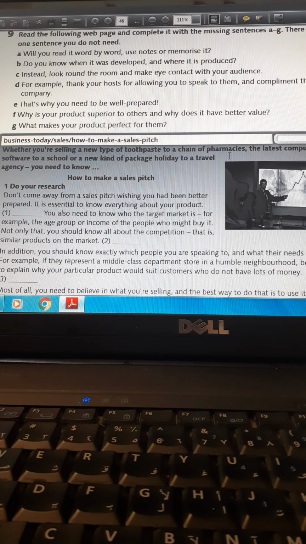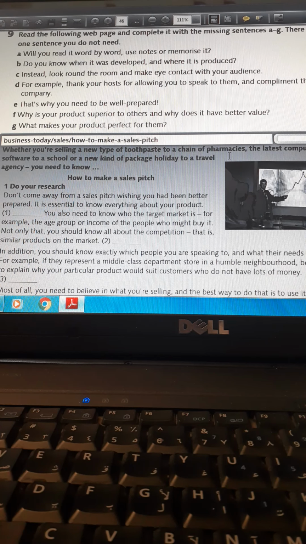Before we start reading the article, I'm going to go through the sentences that we should fill in the gaps. Okay, are you all set? Your activity books, please, page 46. Read the following web page and complete it with the missing sentences A to G. There is one sentence you don't need.